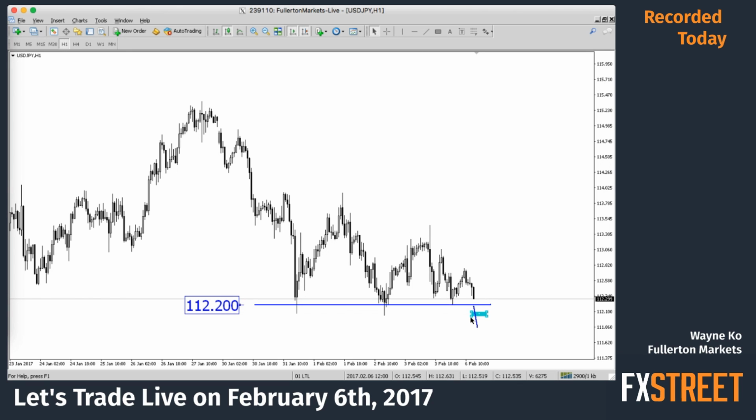Unless you spot some major news that is causing dollar yen to fall and could possibly fall further, then you can take the trade after the break.